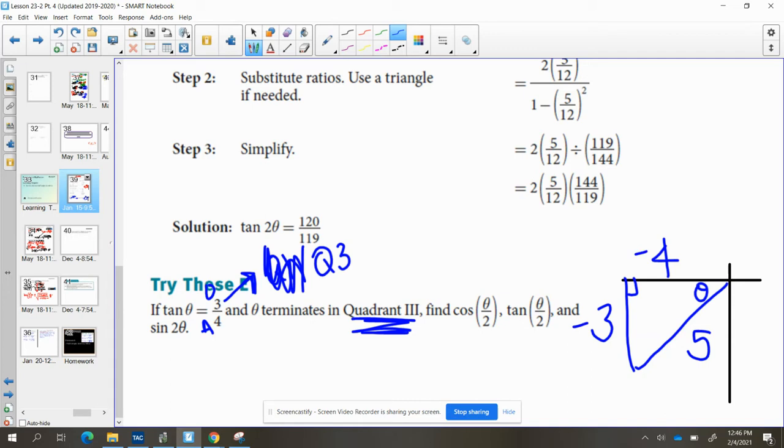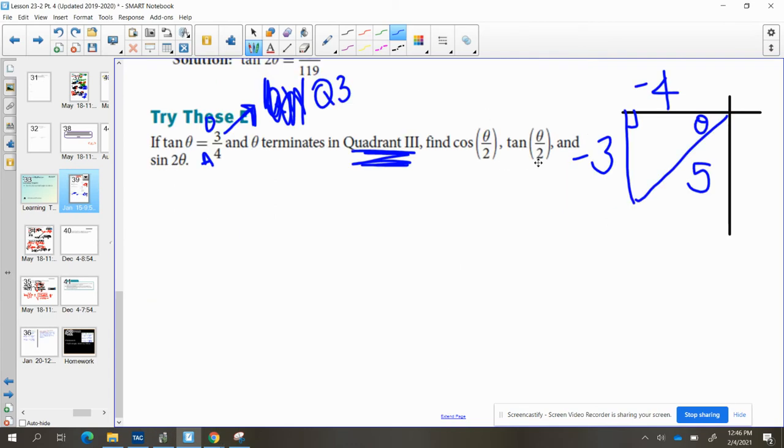Both 3 and 4 are going to be negative because, again, this is quadrant 3, so we move to the left and down. Make sure that you have that adjusted appropriately, even though the tangent can't be negative. Now, if we are focusing on finding these values for cosine half angle, tangent half angle, and sine double angle, we first want to identify the cosine and the sine of our triangle.